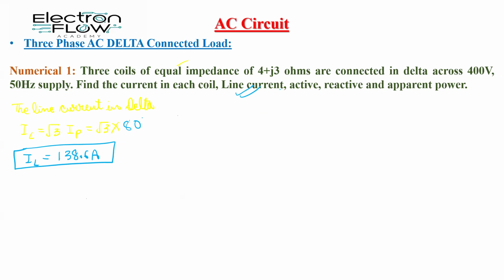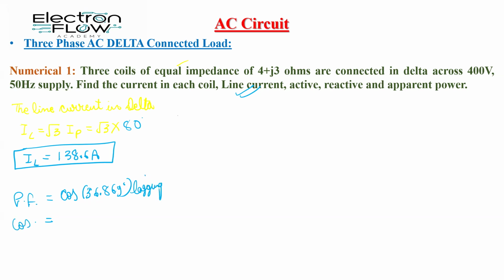Now we know that in the delta connected system, the line current lags the respective phase current by 30 degrees. The power factor of the load is equal to cos of 36.869 degrees, which is lagging.